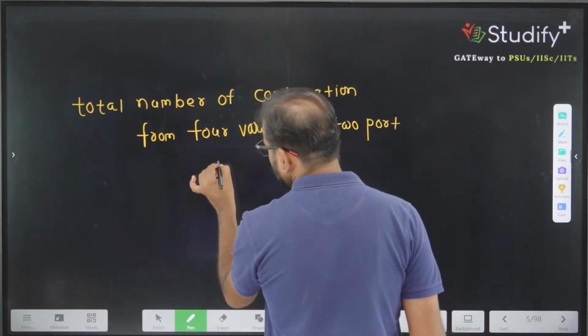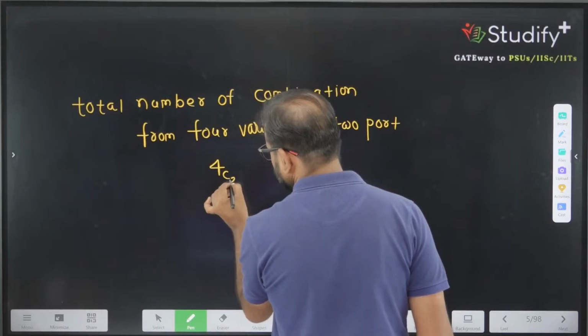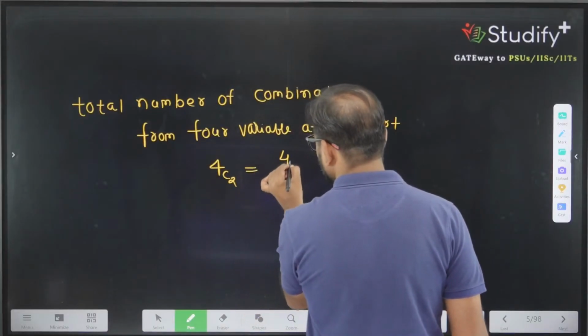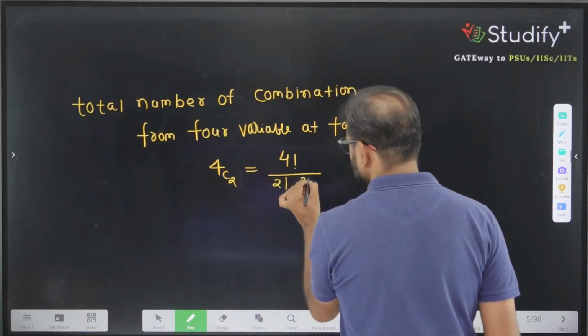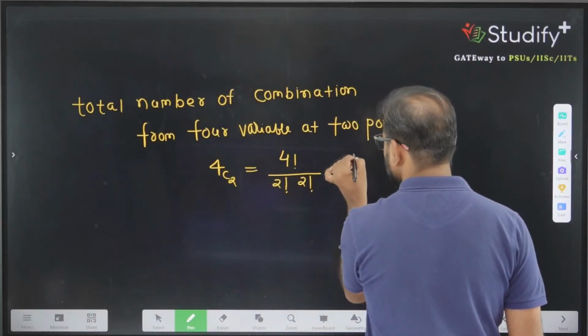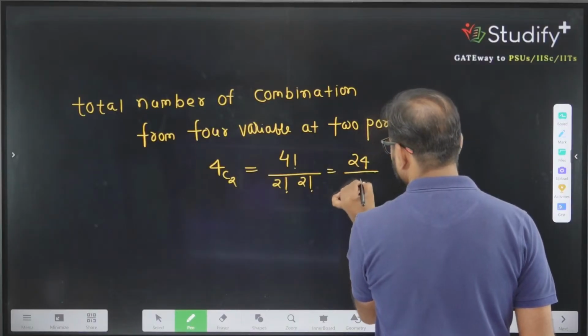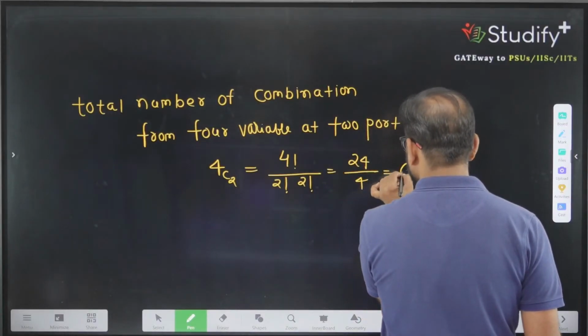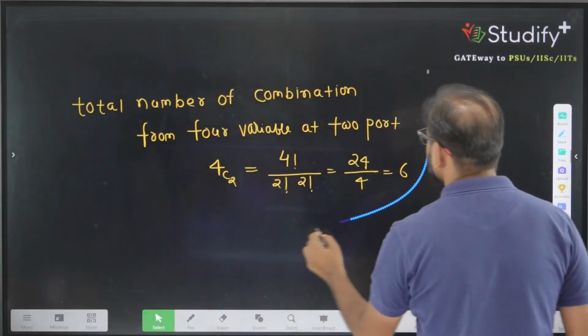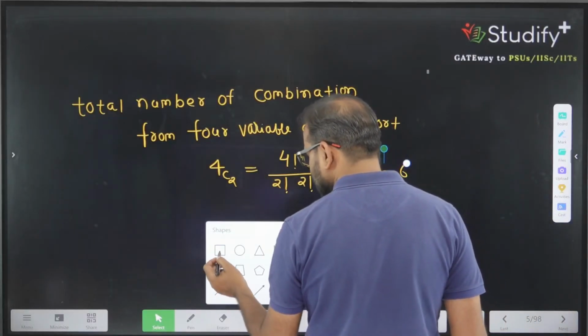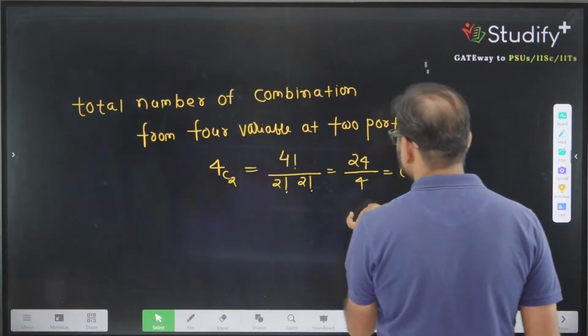This value will be 4C2, which is 4 factorial divided by 2 factorial, which is 24 divided by 4, the value is 6. So 6 parameters are possible for this.